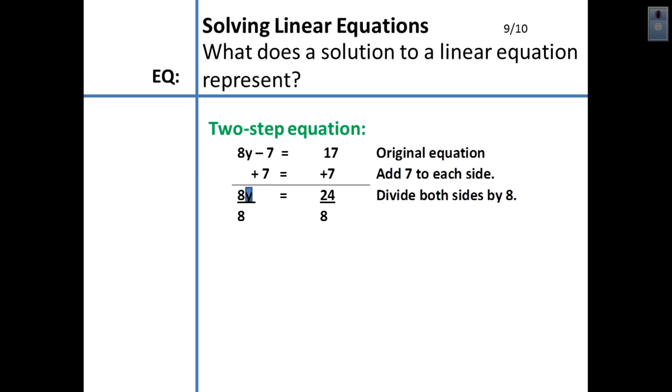When we do that, the 8 over 8 will simplify to be 1, leaving us with just y. And then on the right side, it's going to give us 3, which is an equivalent equation. We finish by saying that the solution of 8y minus 7 equals 17 is y equal to 3.